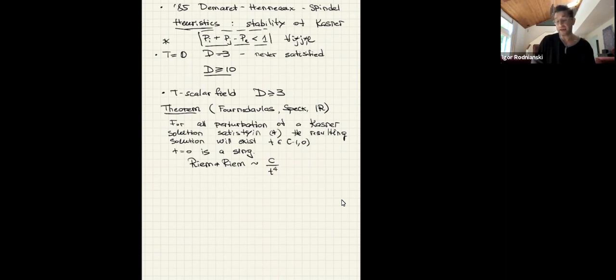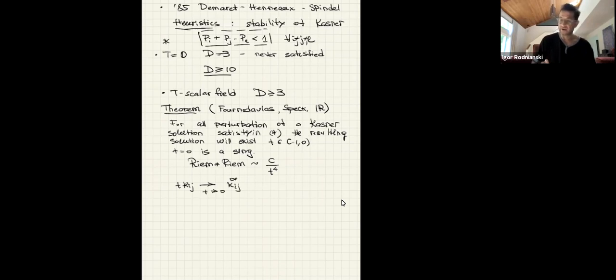And moreover, you can make statements about in what sense this resulting solution will actually converge back to a generalized Kasner solution. And the statement, so let me make it like this. This is a statement about the renormalized second fundamental form. It turns out that the expression t times k_ij converges as t goes to 0 to a limiting matrix k_ij infinity.